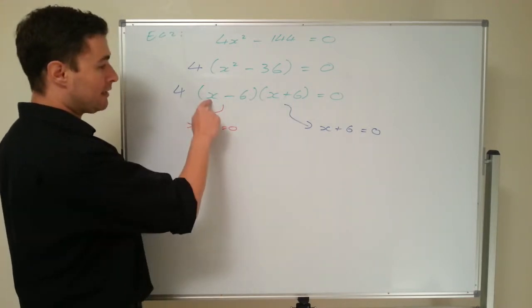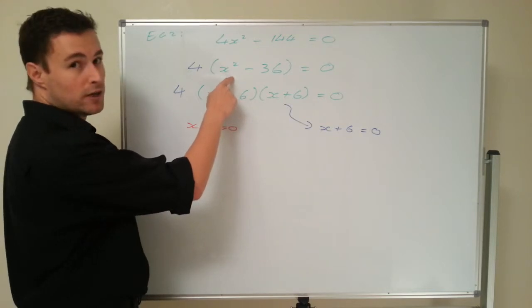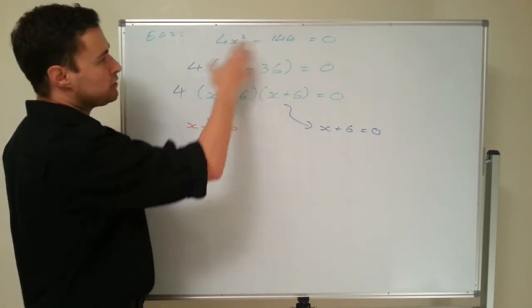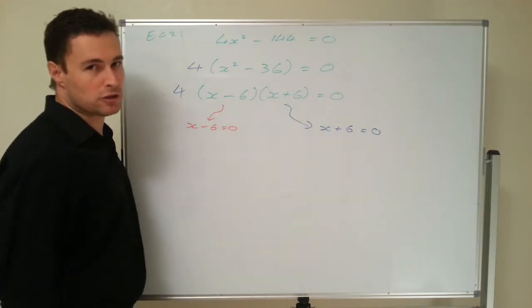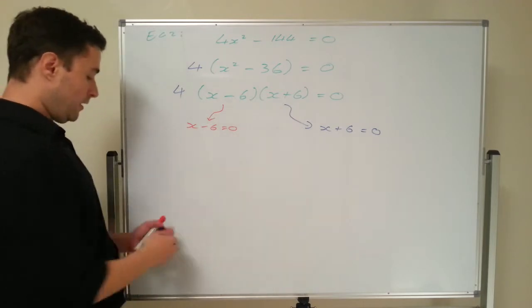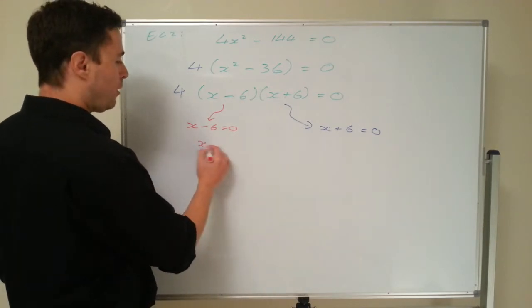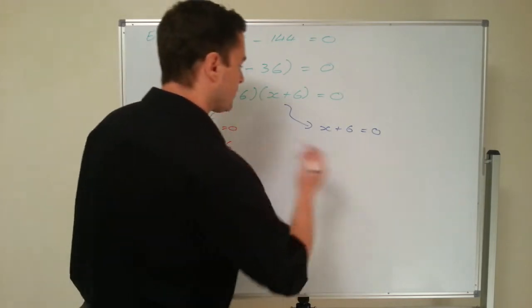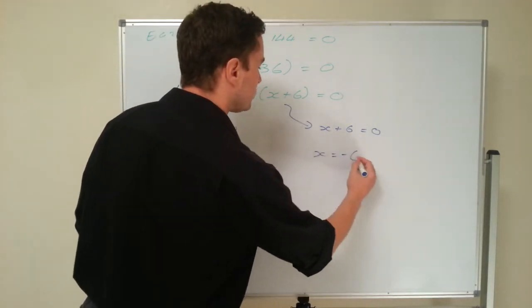Linear means highest power 1. So you're actually changing a quadratic into two linear equations that you have to solve, by factorizing. The answers are very straightforward. Opposite of minus 6 is plus 6. Opposite of plus 6 is minus 6.